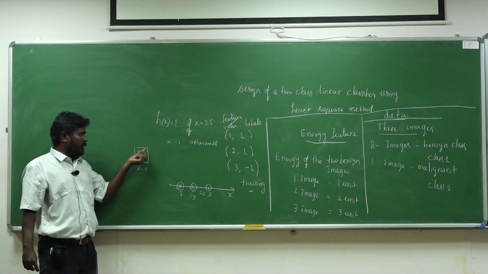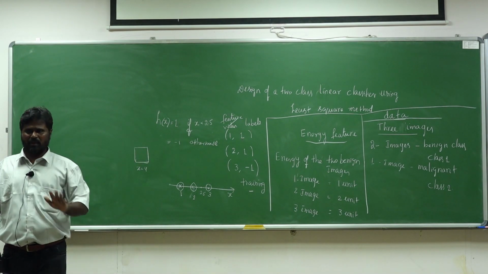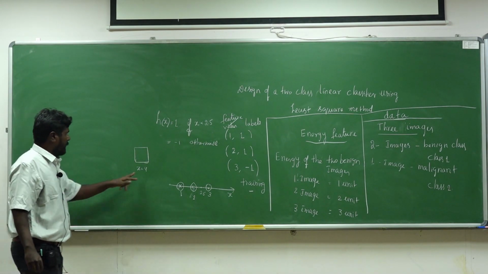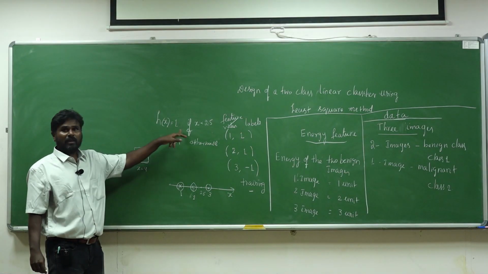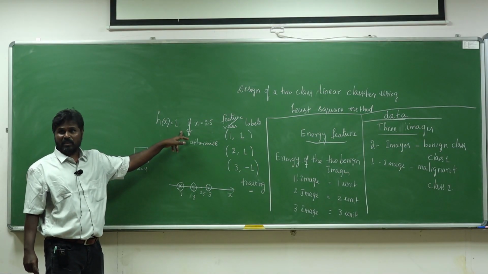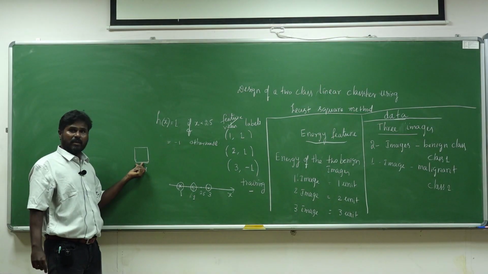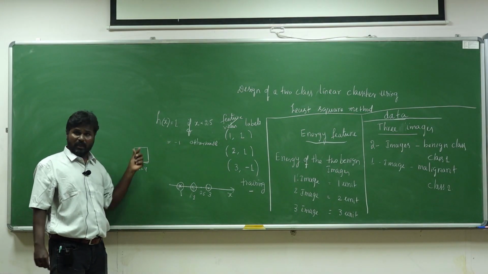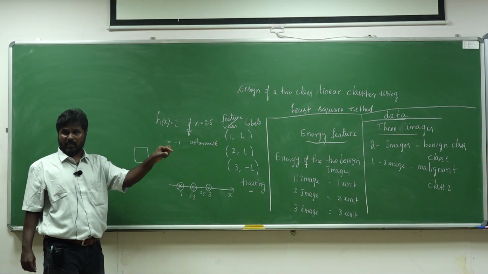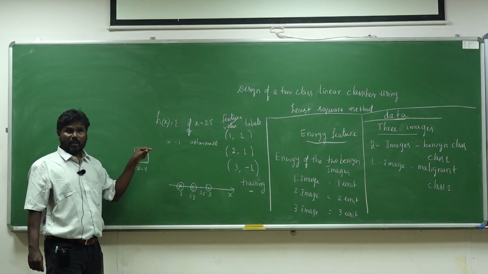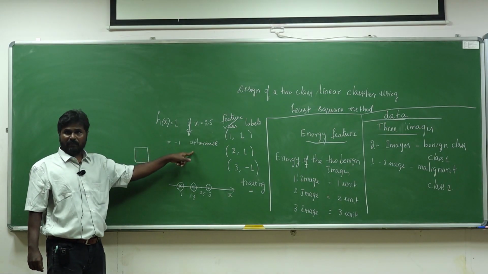Let's say you are given an unknown image, we don't know the label. Now we ask the classifier to take the decision. We give this image first to the feature extractor. The feature extractor extracts the feature, and the feature value is given to the classifier.